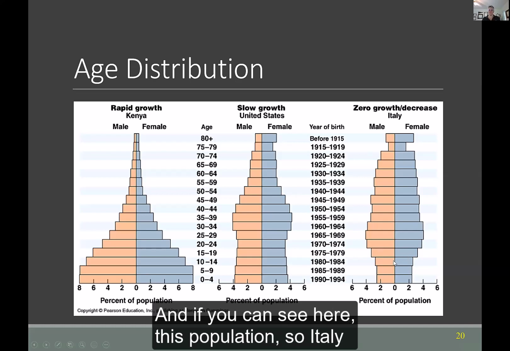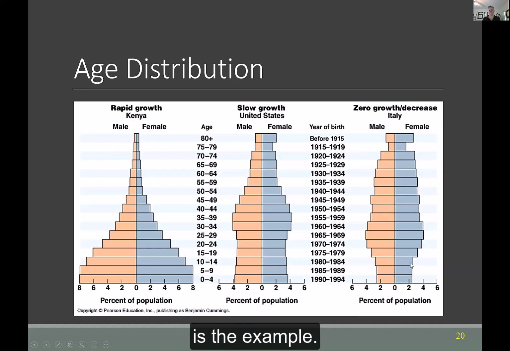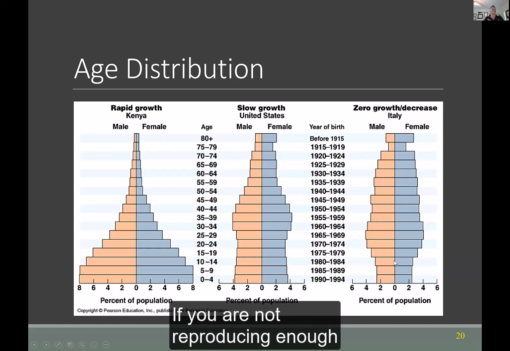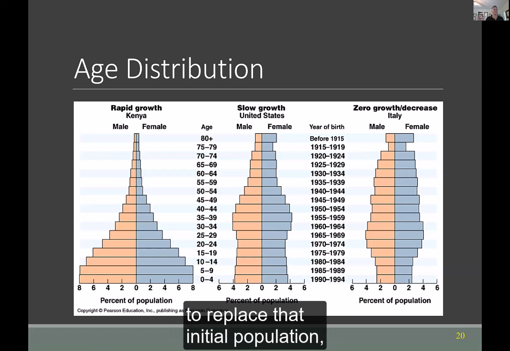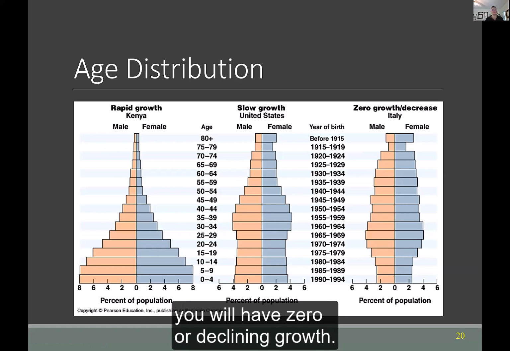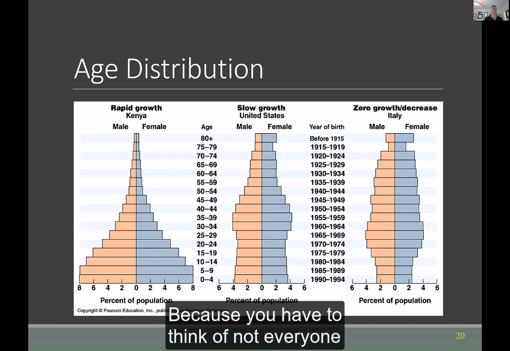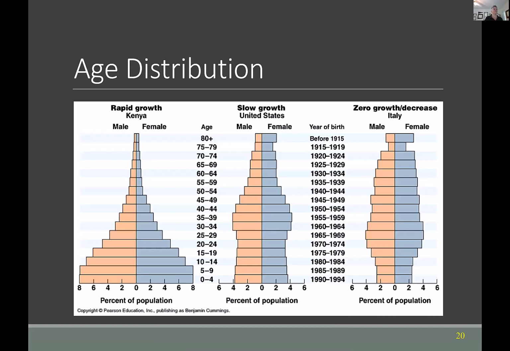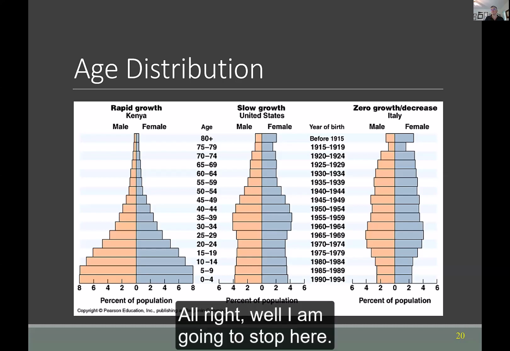And if you can see here, this population, so Italy is the example, if you are not reproducing enough to replace that initial population, you will have zero or declining growth, right? And so we can look at age distribution because you have to think of not everyone is reproducing equally. So, all right, well, I am going to stop here.